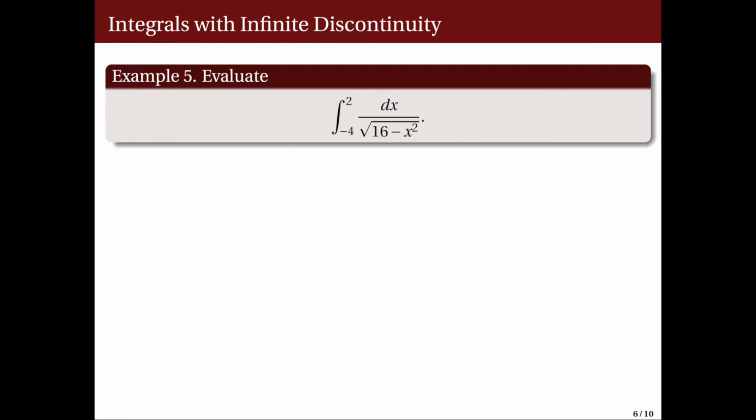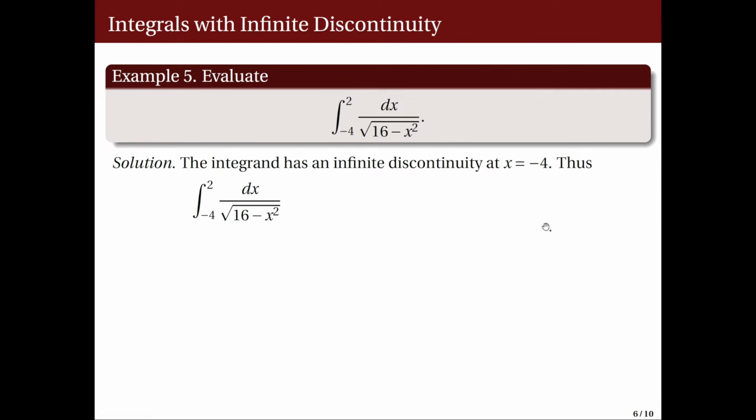However, when you inspect continuity of the given integrand, it actually has an infinite discontinuity at x equal to -4. But for values of x greater than -4 but less than or equal to 2, the function is continuous. So because of the discontinuity at the lower limit of integration, this is an improper integral.